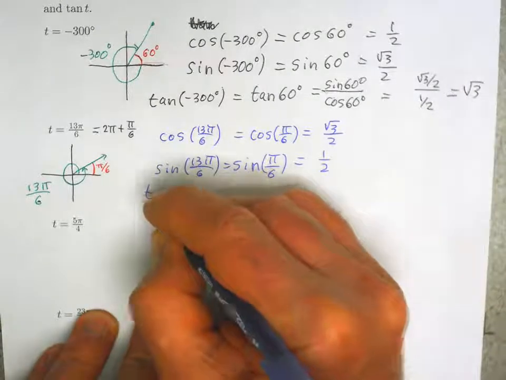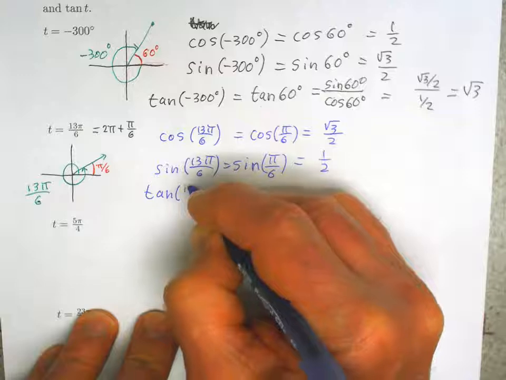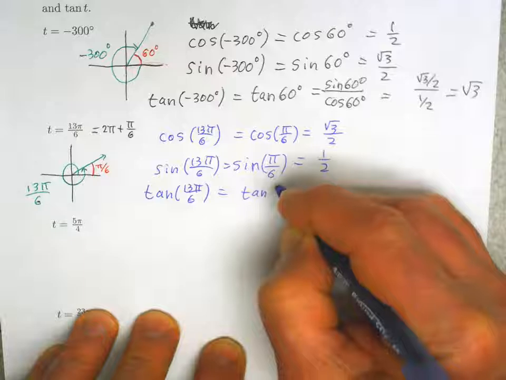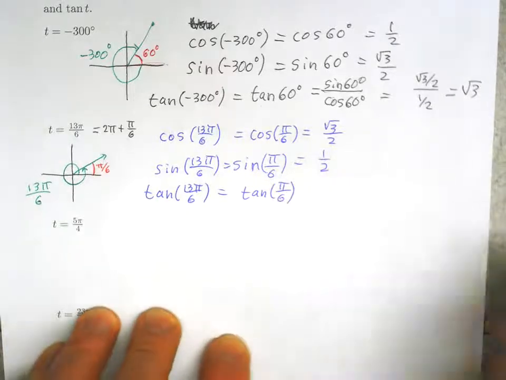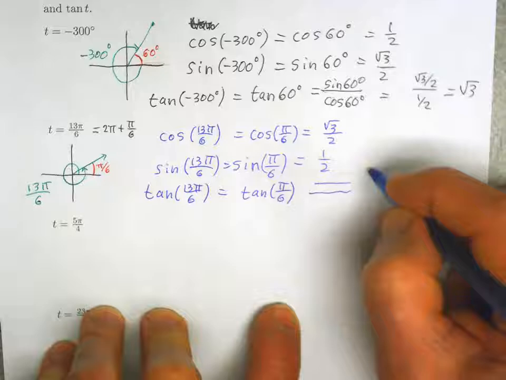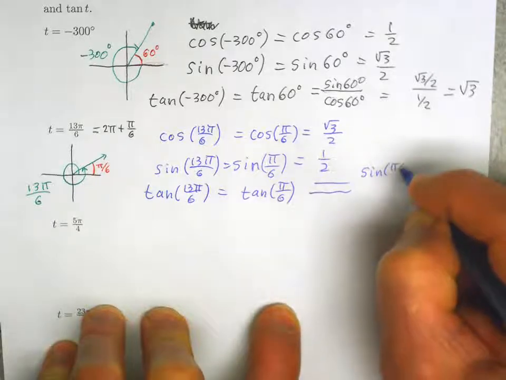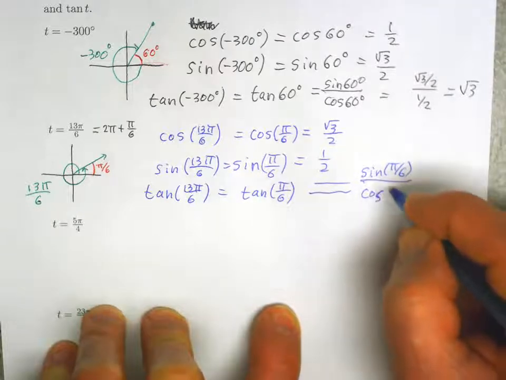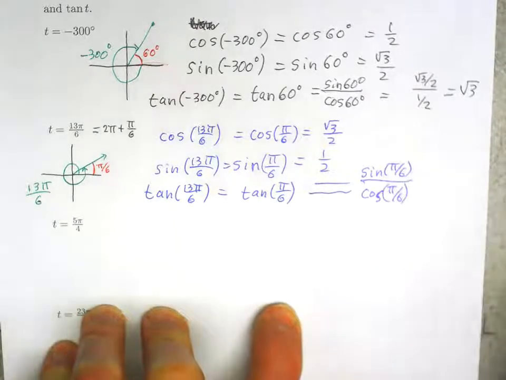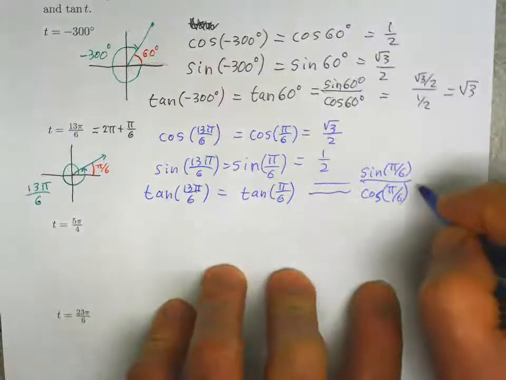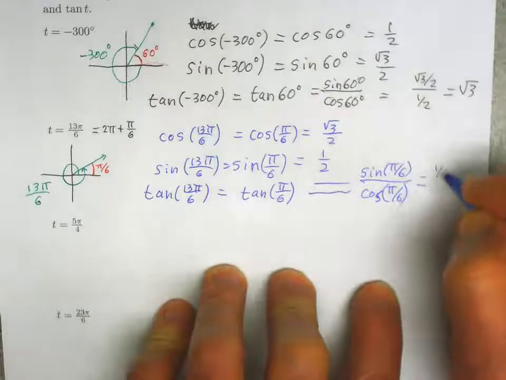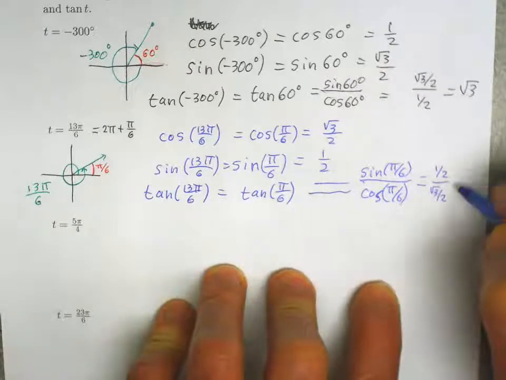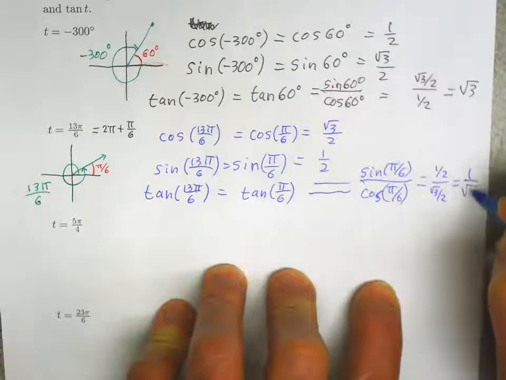And the tangent of 13 pi over 6 is equal to the tangent of pi over 6. But this is equal to sine of pi over 6 divided by cosine of pi over 6. So sine of pi over 6 is 1/2 divided by cosine of pi over 6, which is the square root of 3 over 2. This simplifies to 1 over the square root of 3.